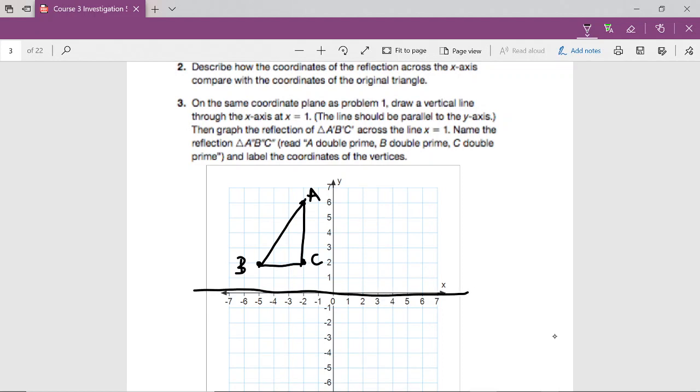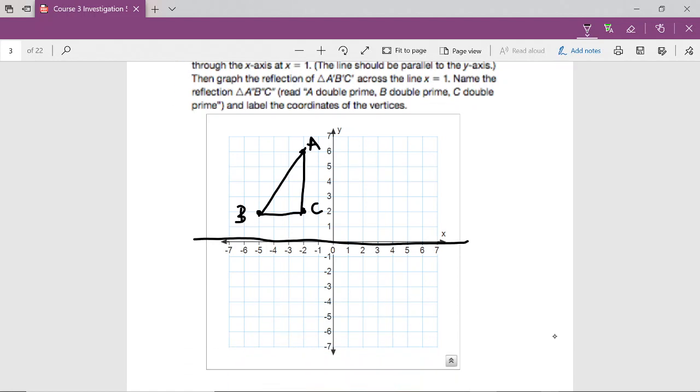Now there's a couple ways that we can do this. If you can visually see it, then we can use the distance to that line of reflection to reflect it back the other way. So for example, this B coordinate is 2 units away from that line of reflection, going down. Well, if I continue on the other side of that line of reflection 2 units, I find my coordinate point for B prime.